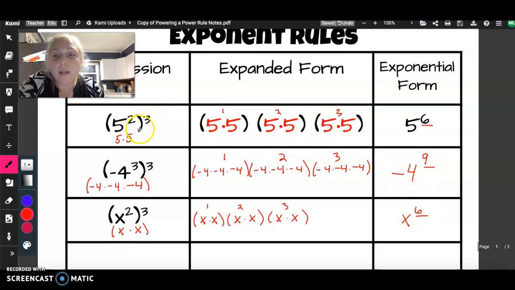What kind of operation has to happen between 2 and 3 in order for us to get 6? What kind of operation is happening between 3 and 3 in order for us to get 9? And again, what kind of operation is happening between this 2 and this 3 to get this 6 over here?